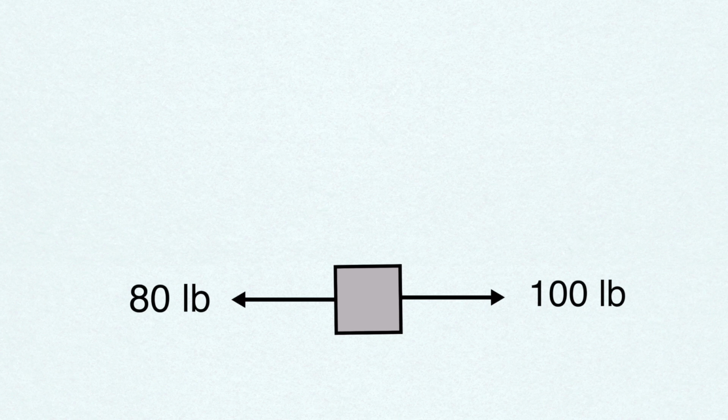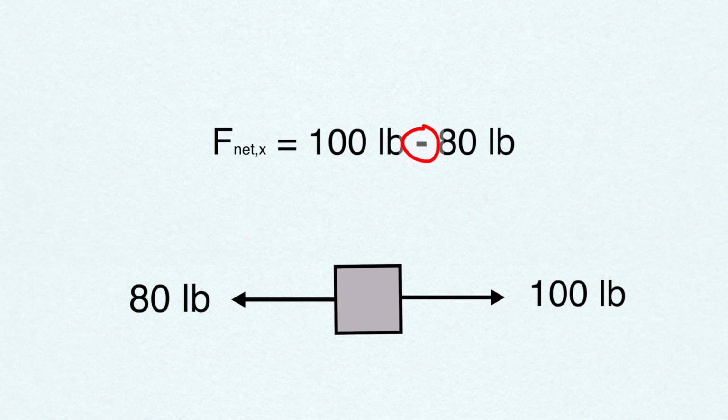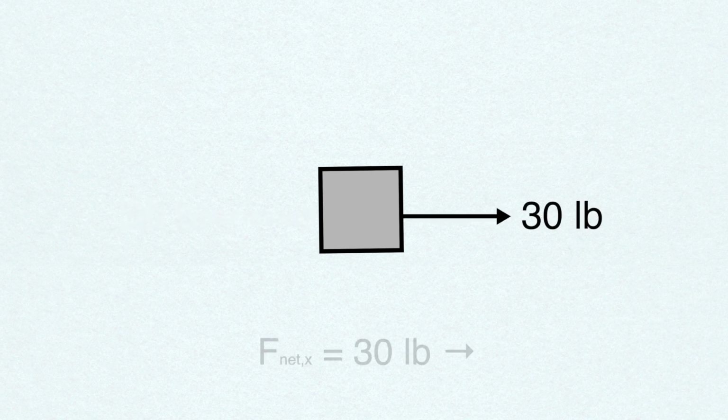You have to subtract the difference because they're opposing forces. Another thing that doesn't matter when it comes to free body diagrams is which side of the box the arrow is on. So for example, a 30-pound force pushing the box to the right is the same thing as a 30-pound force pulling the box to the right, because the force is still 30 pounds and the direction is still going to the right.